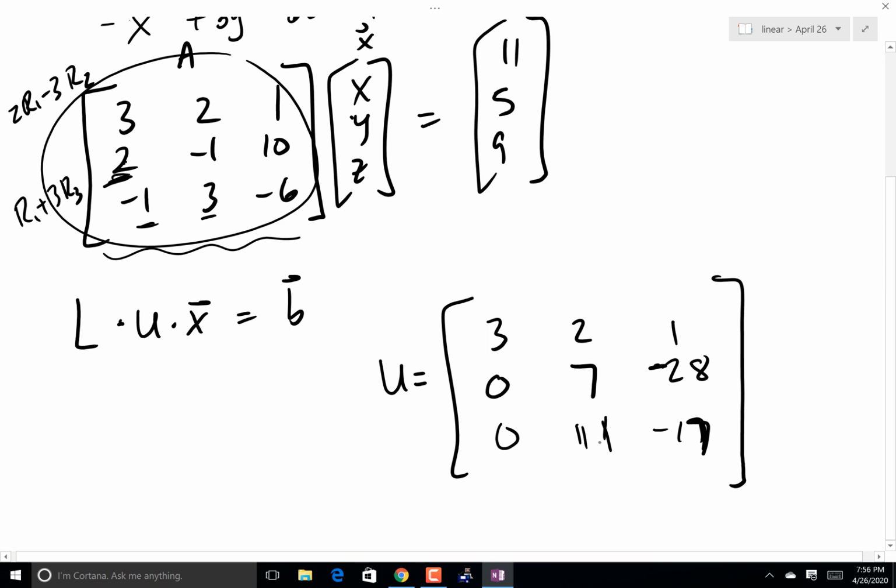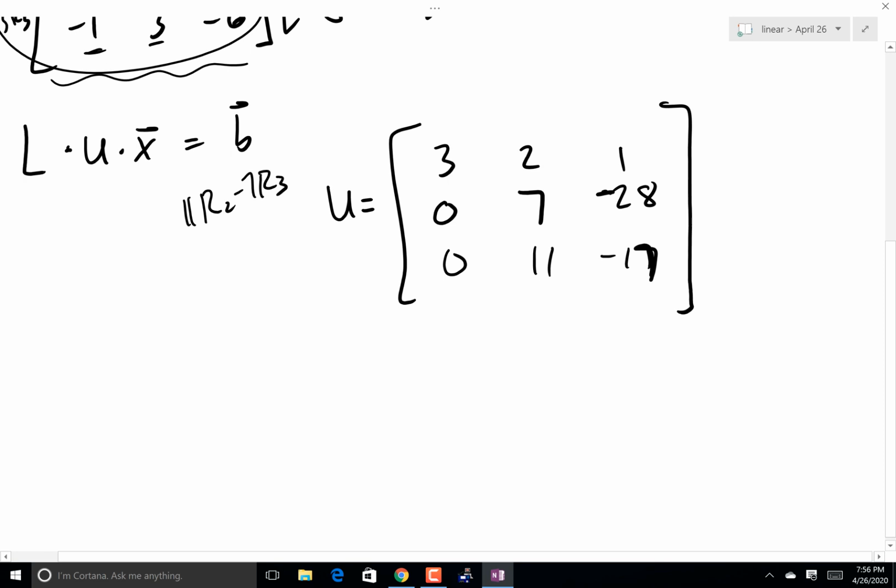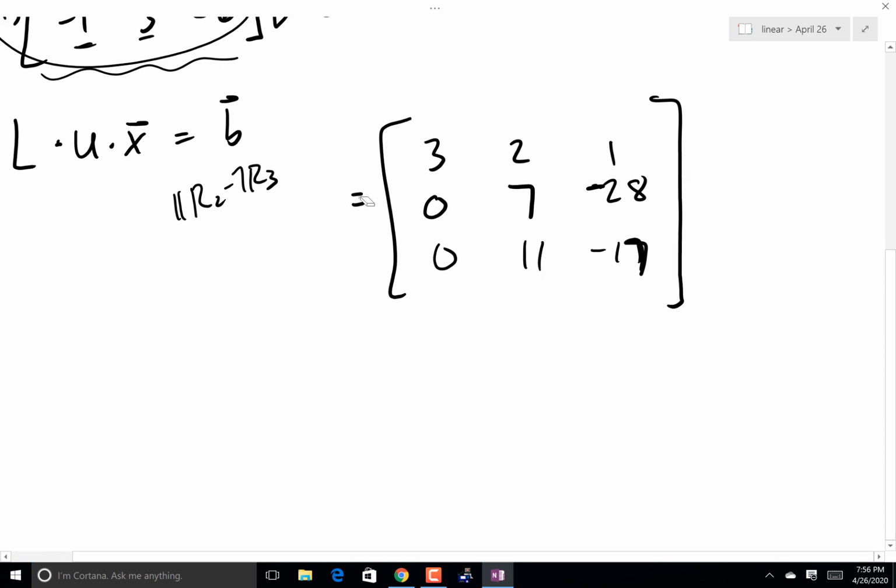Okay. Now, simply need to get a 0 here. So I'm going to take 11 R2s minus 7 R3s. So we're not done yet. We're headed that direction. It's not U yet. So to get U, we got to finish up. And then you're going to get, again, we're not changing this guy.